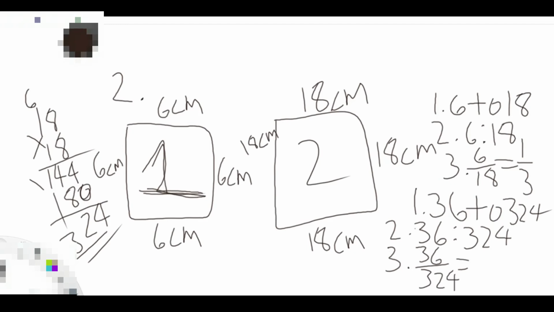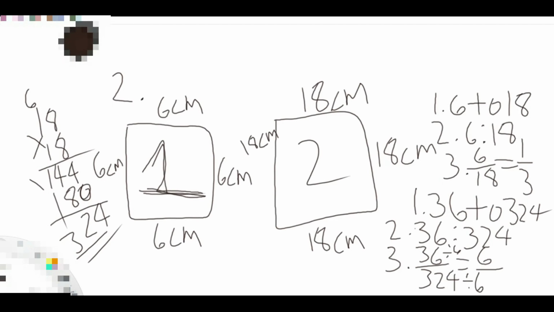Let's divide by 6, and after that you could divide more if you can. So it'll be 6 over 54, which could be simplified again by dividing by 6. 54 divided by 6 is 9, so the simplified ratio is 1/9.